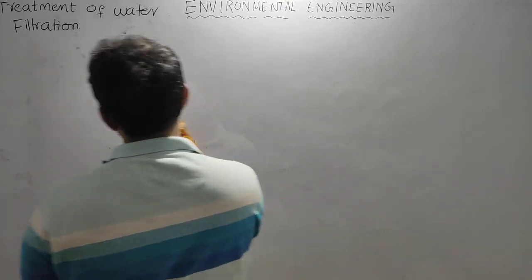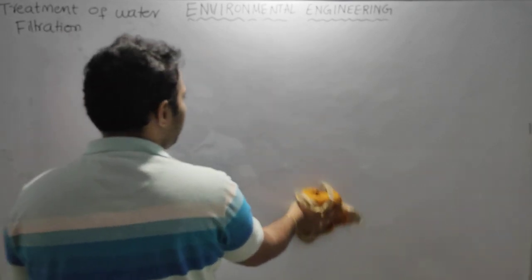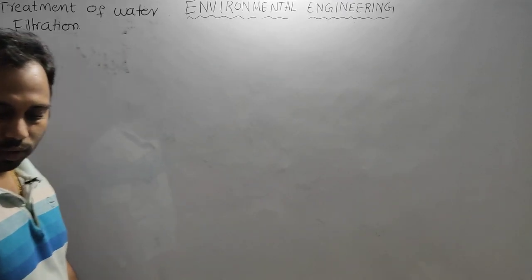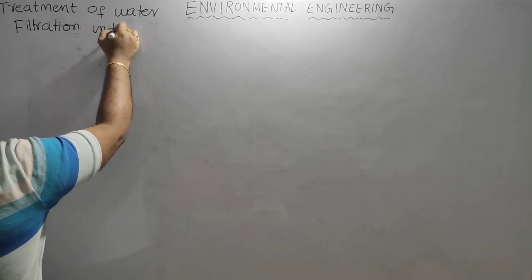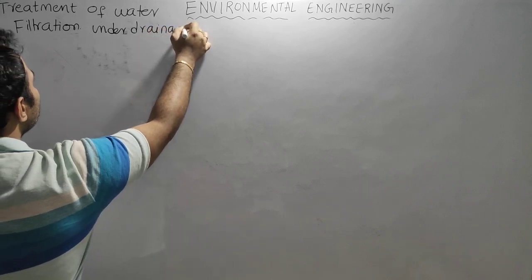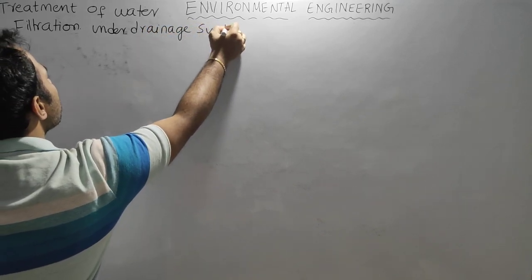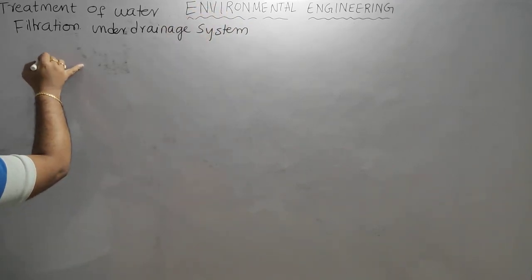Let us see how we design the under drainage system. Whatever activity it performs, the requirement and arrangement of the material is the same. Generally, in the under drainage system, if you observe, it will be like this.